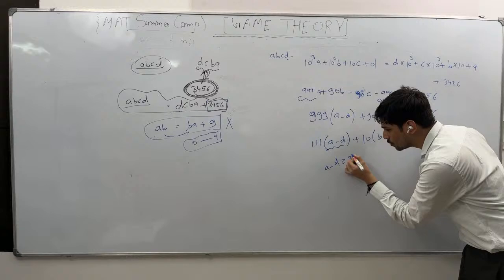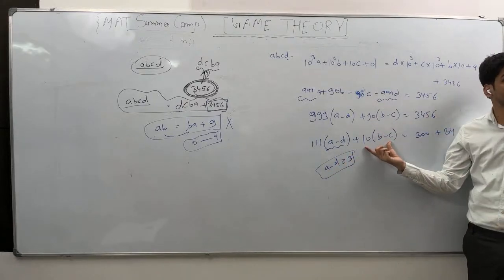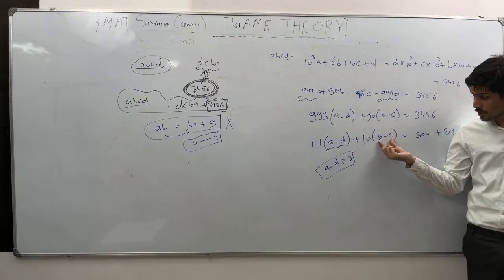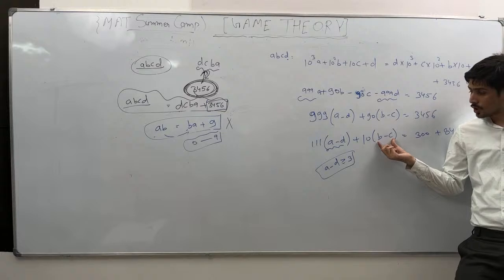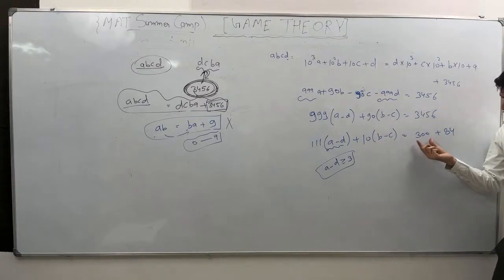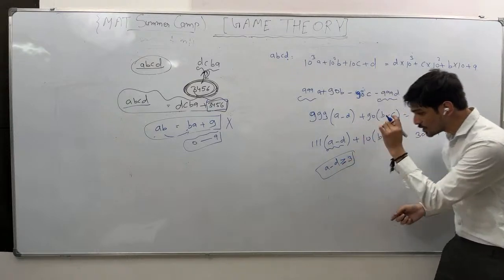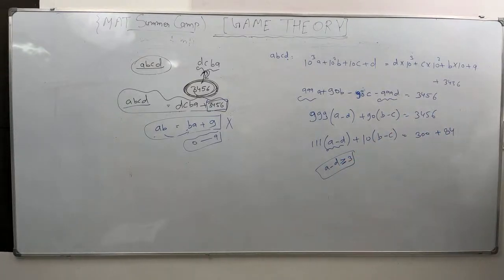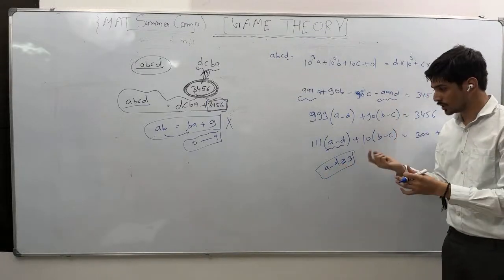Because this maximum can give me 90. Because what is the maximum difference between B and C? 9, right? 9 minus 0, 90. But the 3-digit number I'll get from here only. It means A minus D has to be greater than or equal to 3. This one is clear.